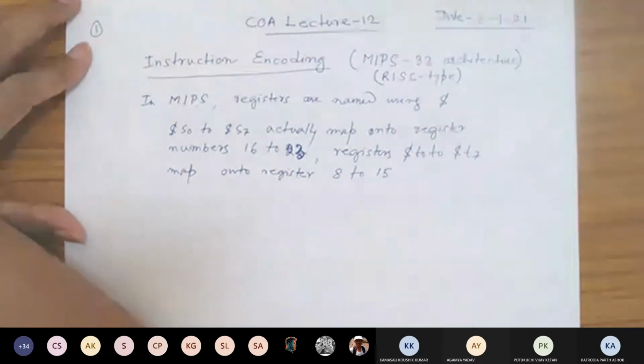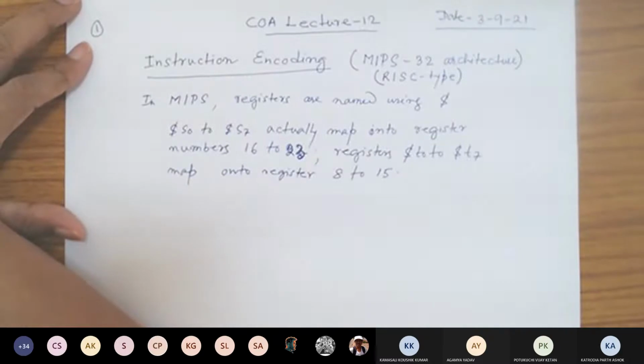So it means whenever you mention $S0 in any instruction, you mean register number 16. Okay. When you mention $S1, you mean register number 17, and so on and so forth. When you mention $T0, it means register number 8.